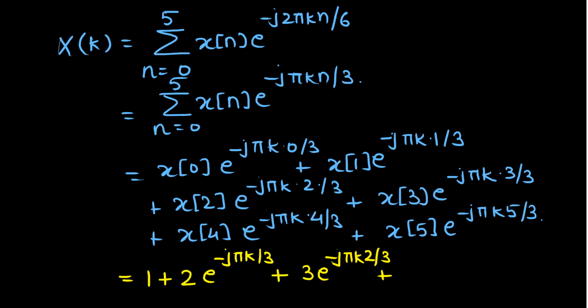The value of x of 3 is equal to 4, so it is 4 into e to the power minus j pi k, so it is 3 by 3, that is 1.